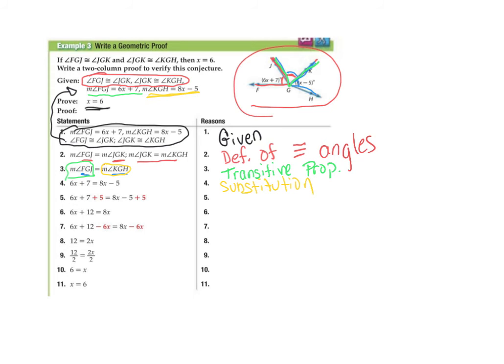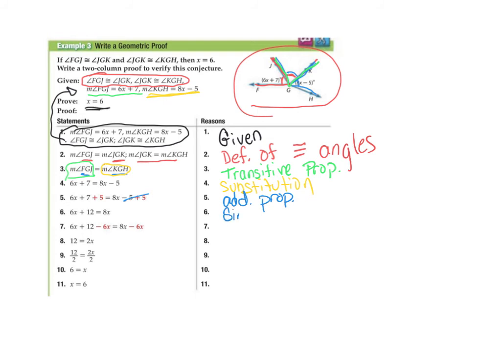So now I can solve this regular equation like I would any other equation or the ones before. I'm going to isolate my variable by adding 5 to both sides. And when you add something to both sides, that would be the addition property. And then I'm going to simplify so that I do that 7 plus 5 and that would cancel.